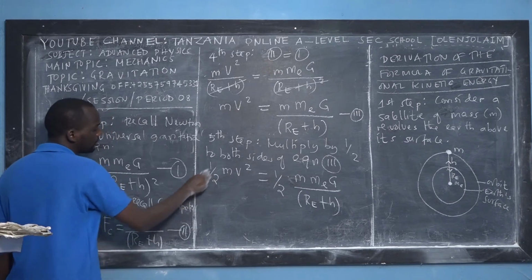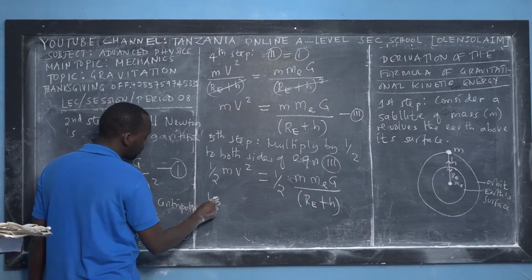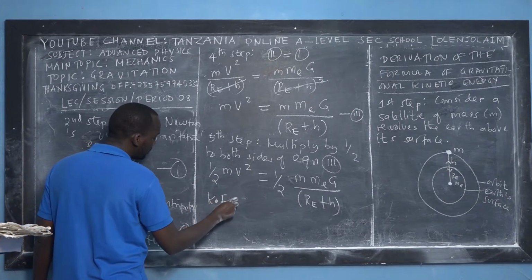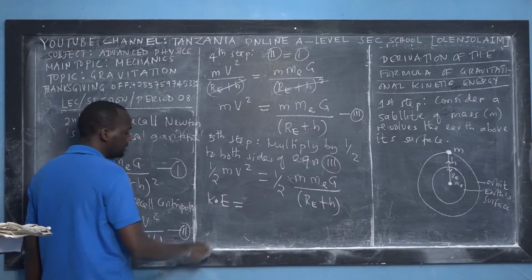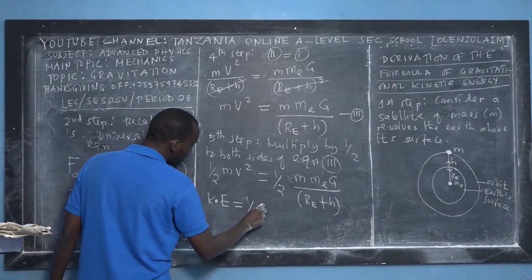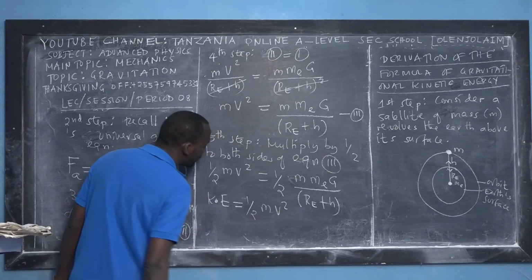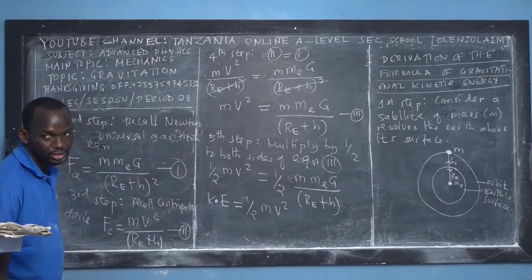So what does this mean? It means that from mechanics, especially Newton's law, kinetic energy is always equal to half times mass times the square of the velocity.